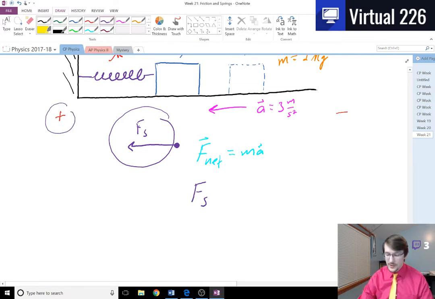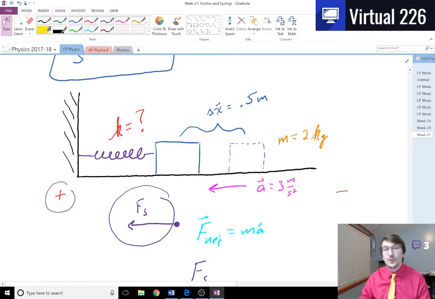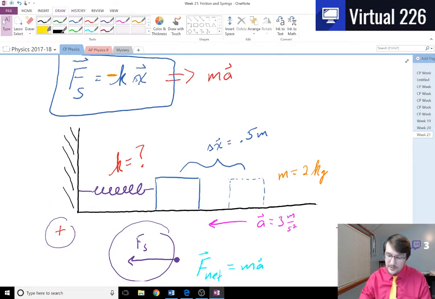And this is where I was talking about, some people don't like using that idea of the negative kx, because the free body diagram declares whether this should be a positive or negative value. So let's not worry about it. If you are one of those people who likes using the negative, then technically we would have pulled this a negative 0.5 meters, and then the negative of negative 0.5 would make it positive. So it's irrelevant, however you like to do it.